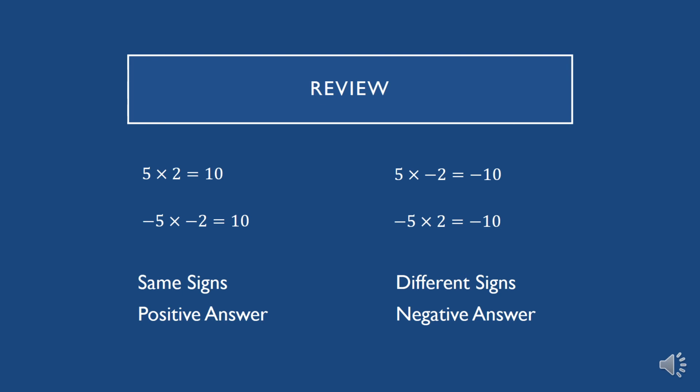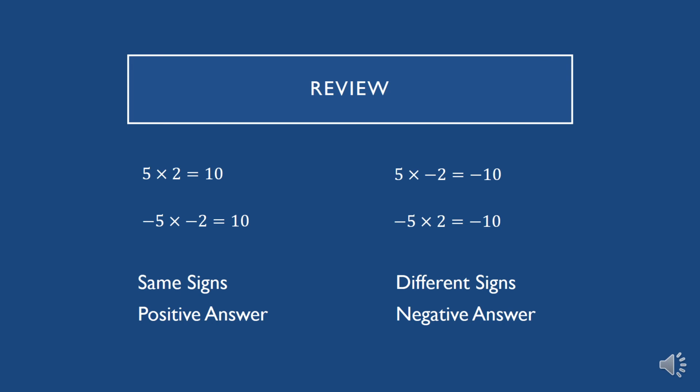So on the left, we have two cases where the signs are the same. So you've plus 5 and plus 2 at the top, minus 5 and minus 2 at the bottom, and they both give plus 10. On the right, we have one positive and one negative, and they give us minus 10.